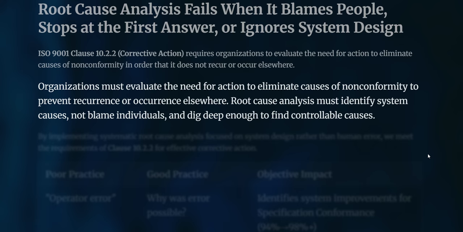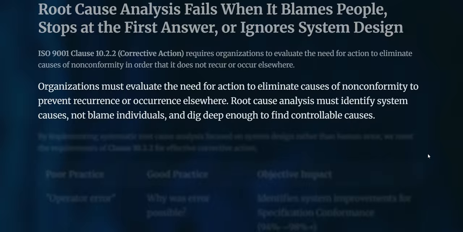Organizations must evaluate the need for actions to eliminate causes of nonconformities to prevent recurrence or occurrence elsewhere. Root cause analysis must identify system causes, not blame individuals, and dig deep enough to find controllable causes.